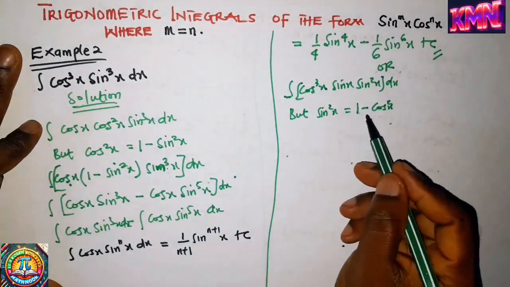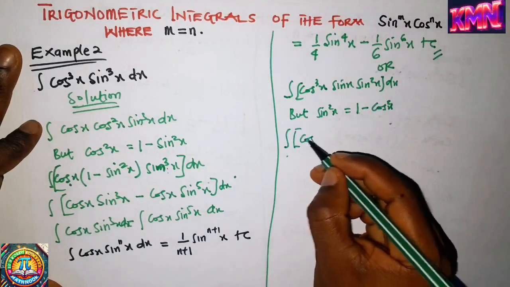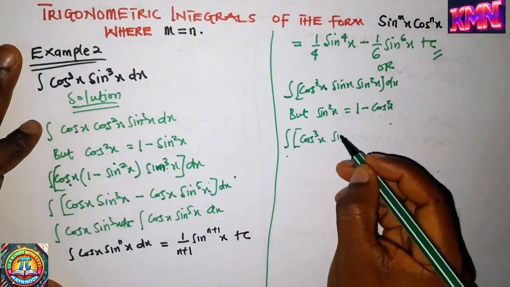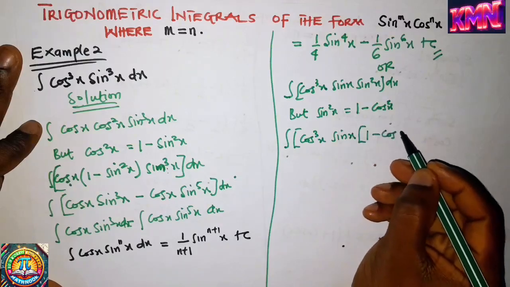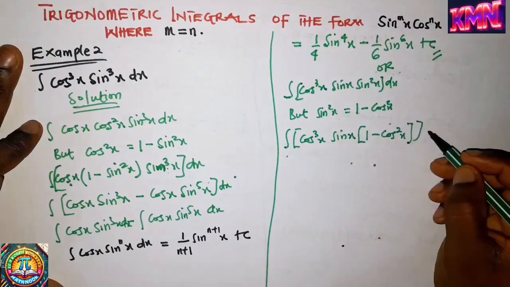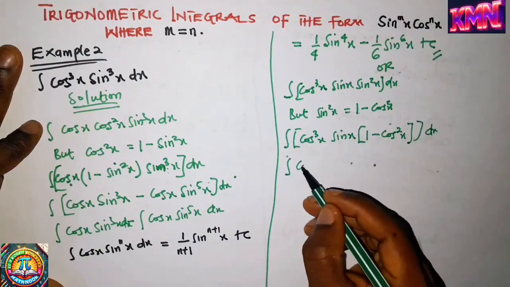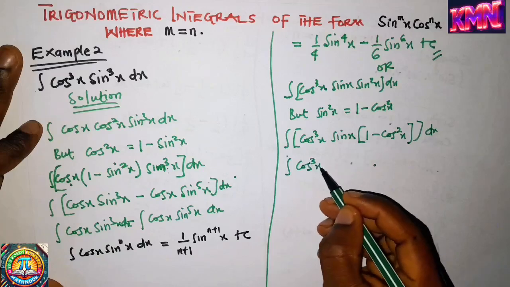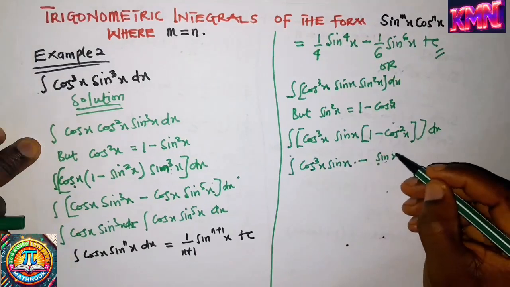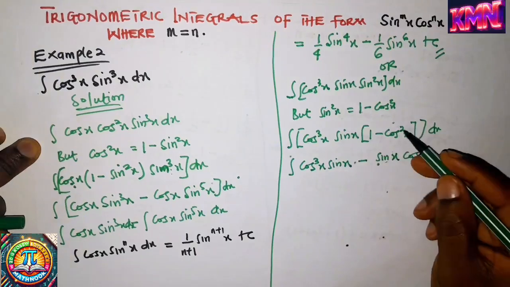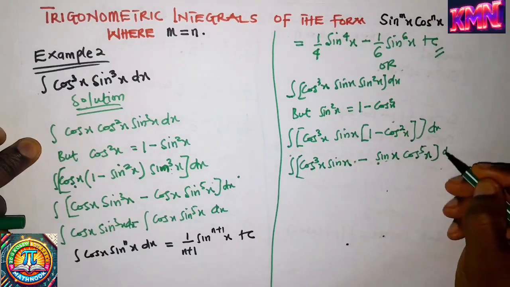So we replace this over here, and that will give us integral of cosine cube x sine x by 1 minus cosine squared x dx. Expanding or multiplying through, we get integral of cosine cube x sine x minus sine x cosine power 5x, all dx.